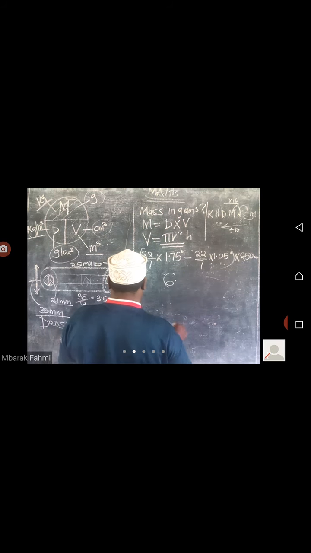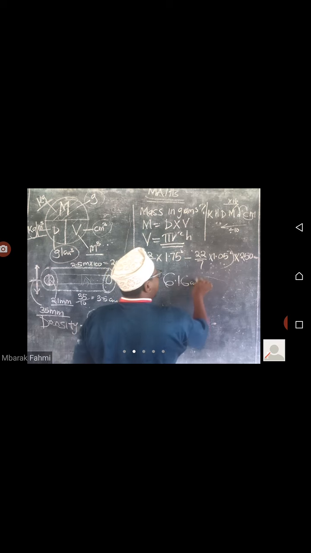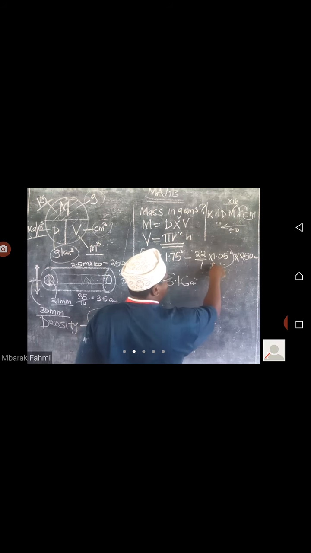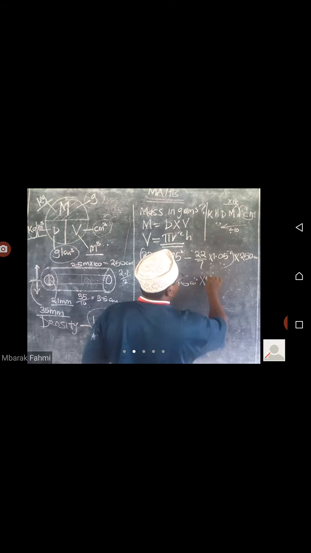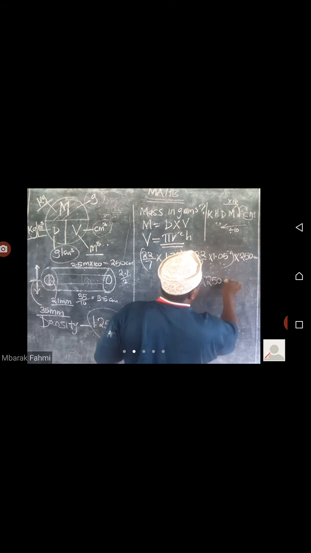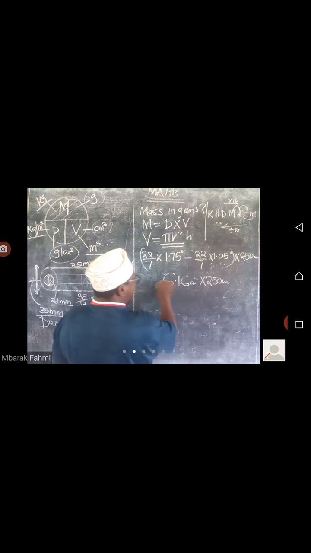Then minus the other one, 22/7 times 1.05 squared. Okay, so the result of this will be 6.16 square centimeters, because this is the area of a circle, times that 250 centimeters, then we get the volume.